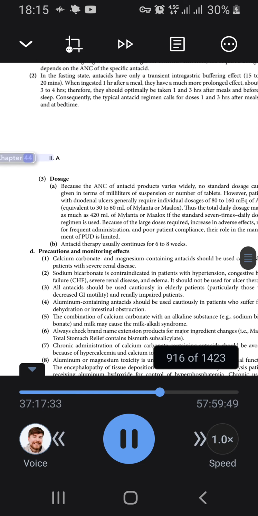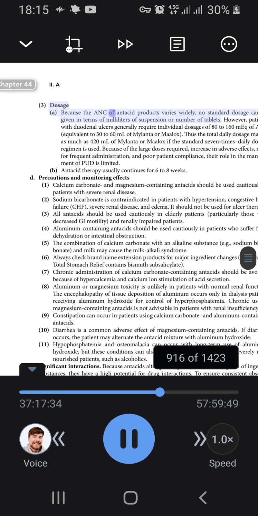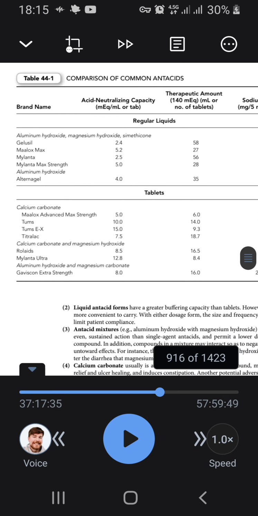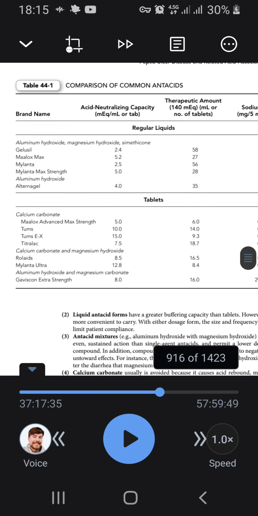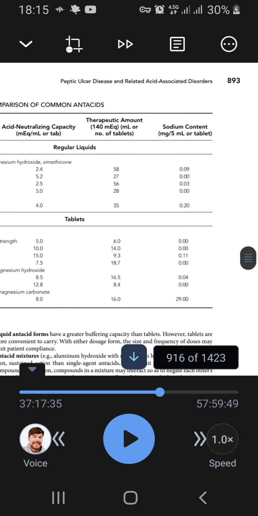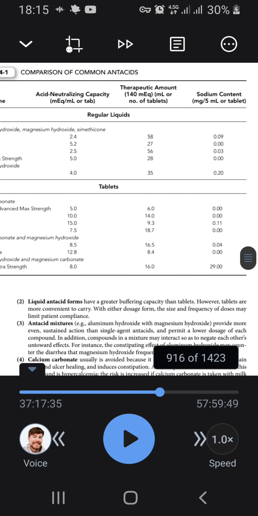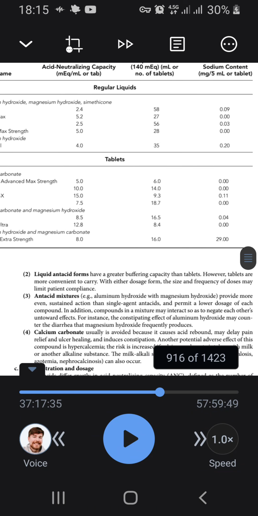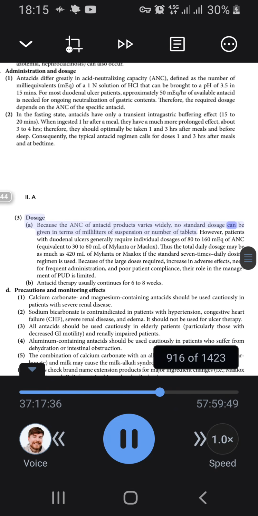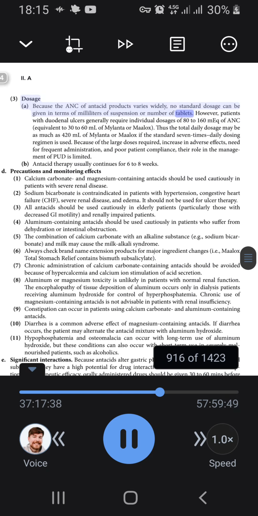3. Dosage. Because the ANC of antacid products varies widely, no standard dosage can be given in terms of milliliters of suspension or number of tablets.